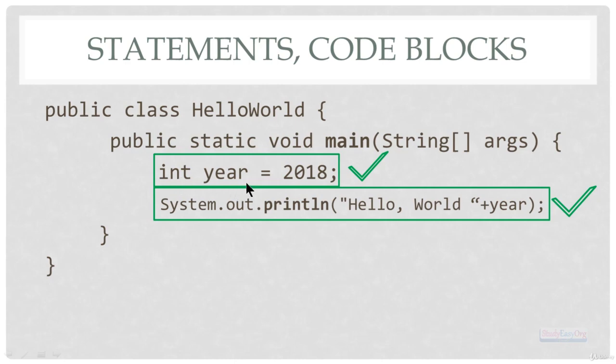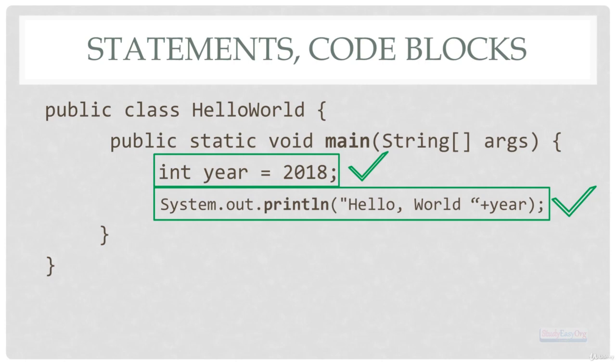The first line of code is doing what? It is assigning the value 2018 to the variable year. Likewise, in the next statement, we are printing a message hello world, and we are then also printing the value of the variable year, which is cool enough. So these two are nothing but statements.